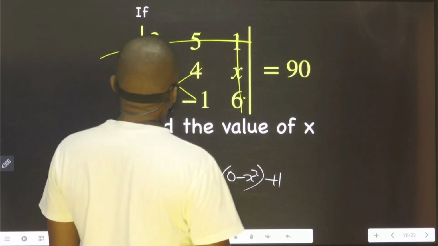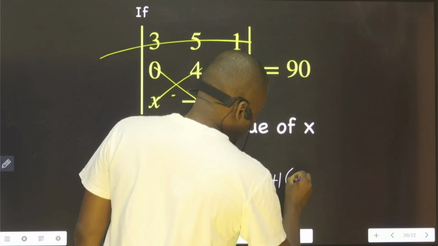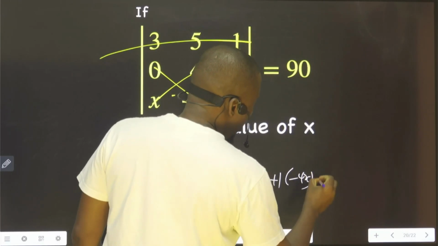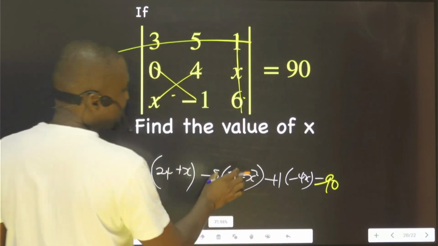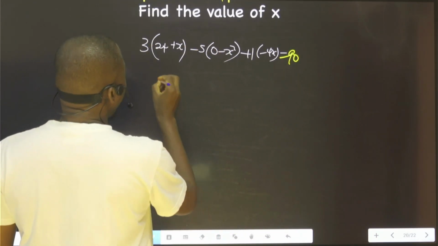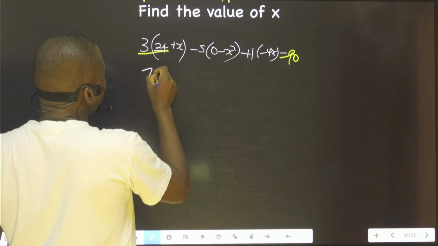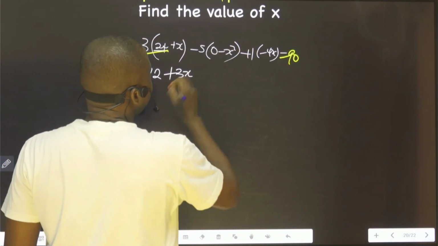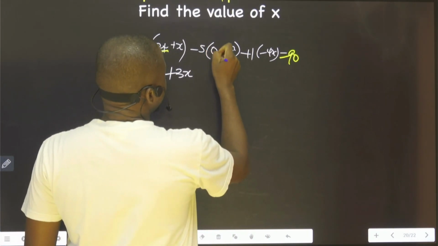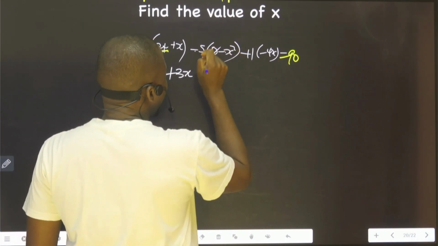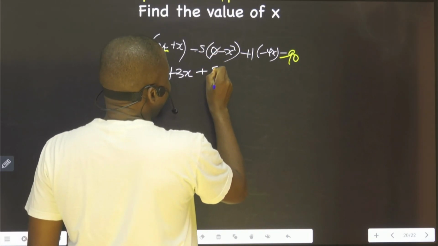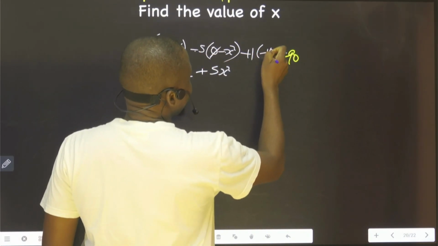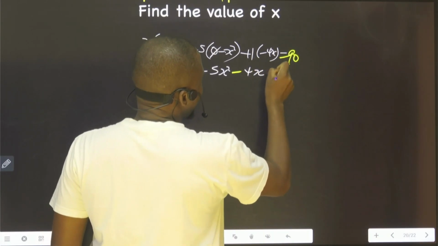This is minus 4x. All equal to 90. Okay? Here now, we have multiply this to have 72. This is plus 3x. This is 0 out. Minus minus is plus 5x squared. This is minus 4x equals to 90.